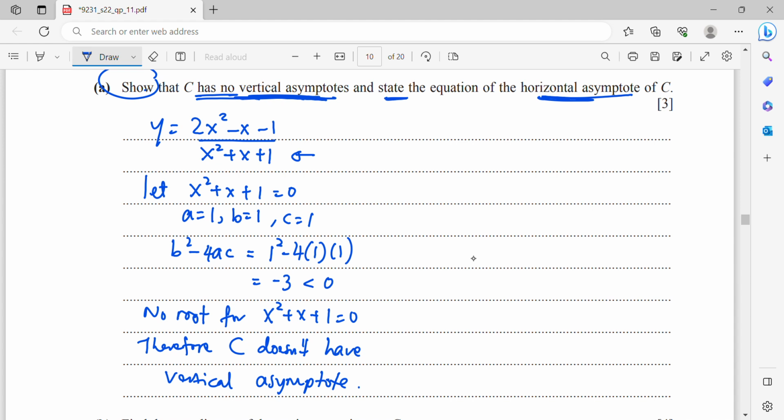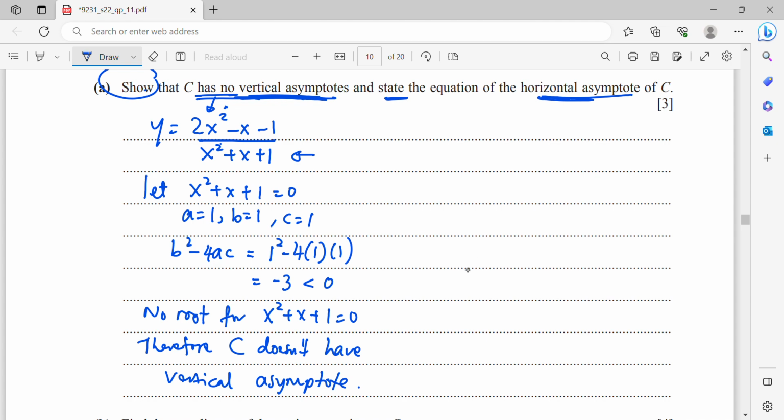The horizontal asymptote is solved by comparing the degree. If the highest degree for the numerator and denominator are the same, which is 2 here, 2 here, and also 2, then we just compare the coefficients.